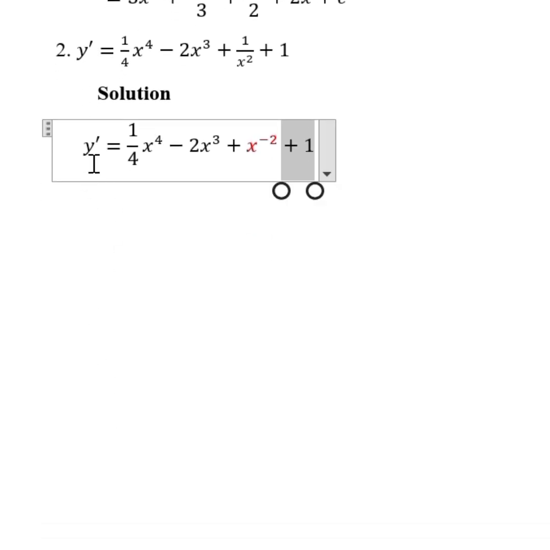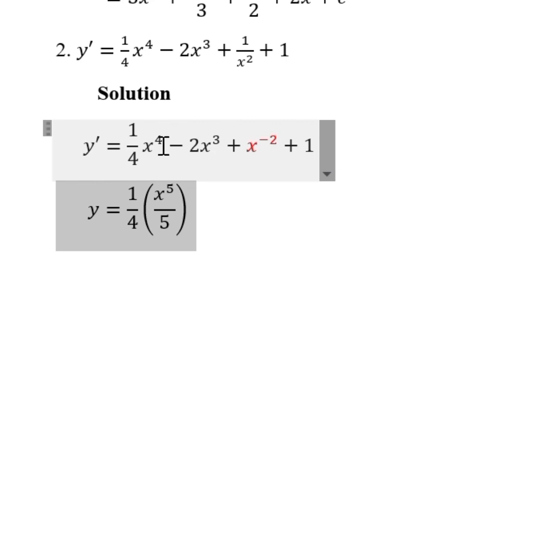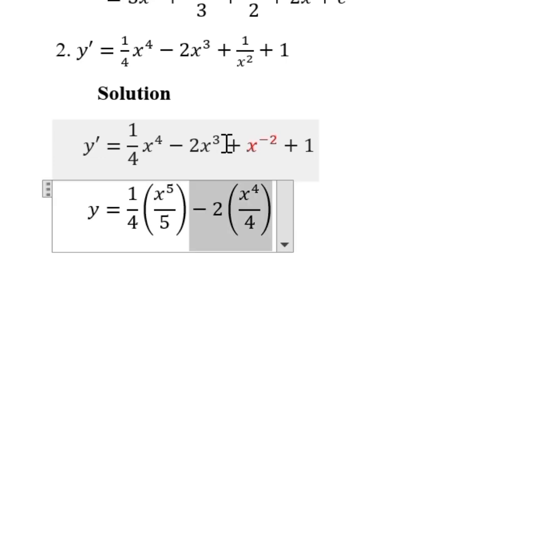So we shall say y is equal to, you add 1 to the power, so it will be this quarter here times x raised to power 4 plus 1, giving us 5, divided by that 5, that's the new power, then minus 2x raised to power 3 plus 1, that would give us 4, divided by that 4, then plus, not 2, but x raised to power -2 plus 1. -2 plus 1 will give us -1.